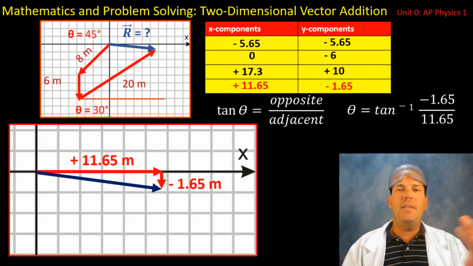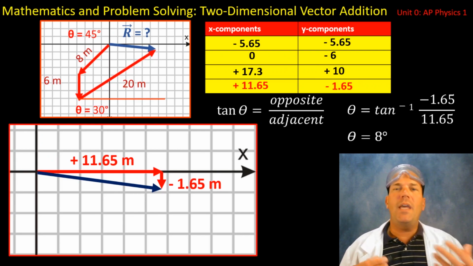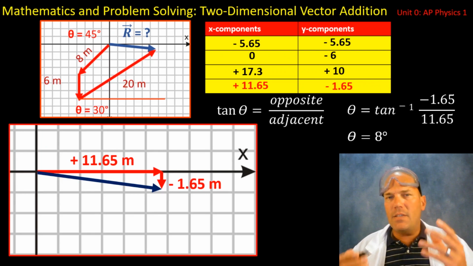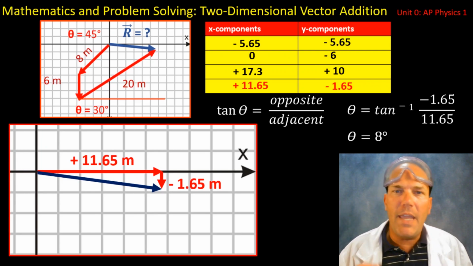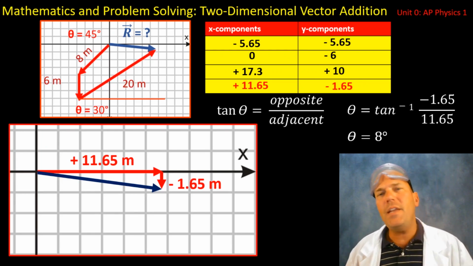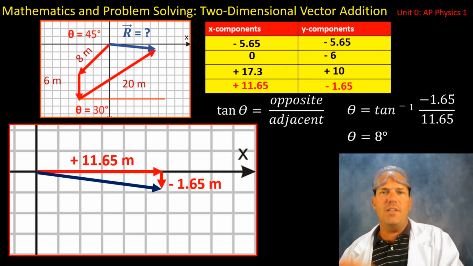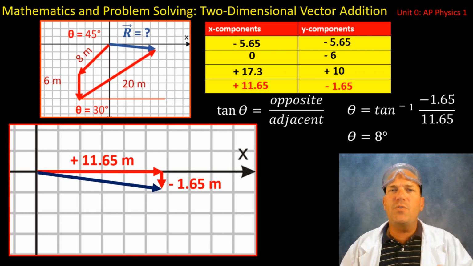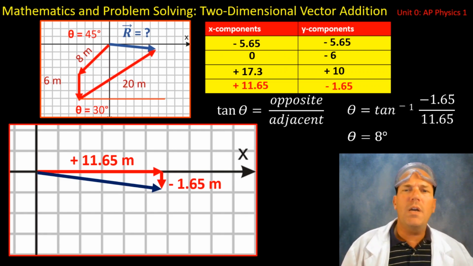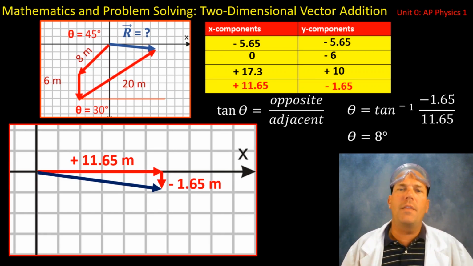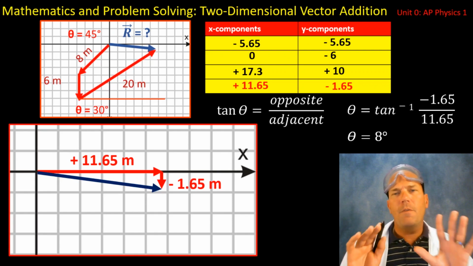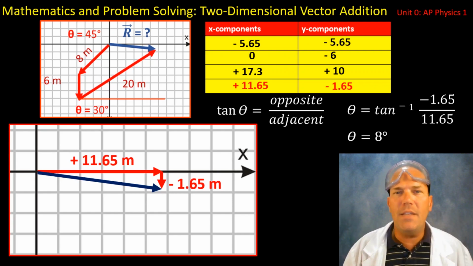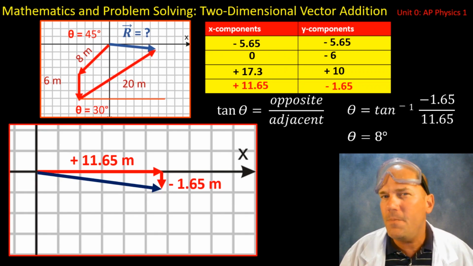And when we put in these numbers, we get theta is equal to 8 degrees. Now, if you got a negative 8 degrees, that is because the inverse tangent or arctangent function is restricted to quadrants 1 and 4 on the Cartesian plane for reasons that I don't need to get into at all in this video.